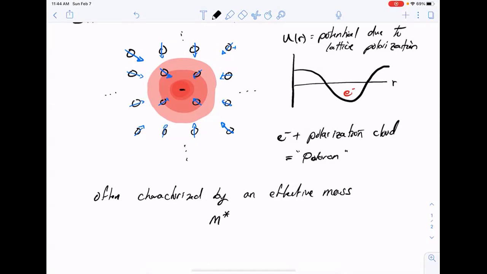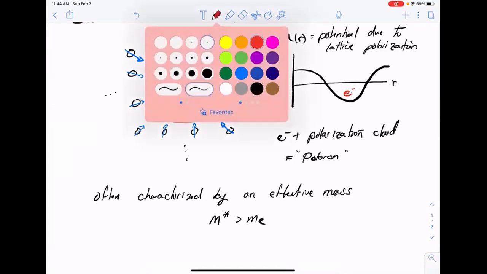If we call that effective mass m star, we expect it to be greater than the original band mass of that electron.